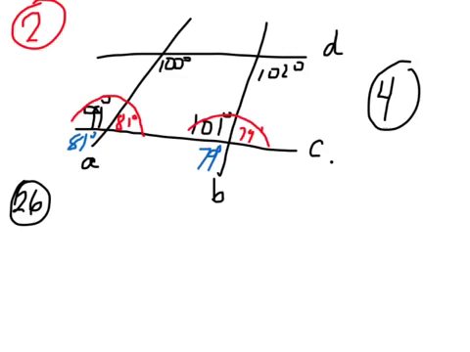Let me use some green. The vertical angle to that 99 degrees would be right here, so that's 99 degrees. The vertical angle to this 101 would be right here. So we can fill in all these angles. Up here, 102 has a vertical angle right here, doesn't it? And 100 degrees has a vertical angle over here that's 100, so we can fill those in.